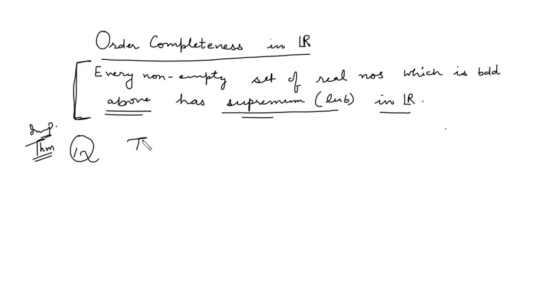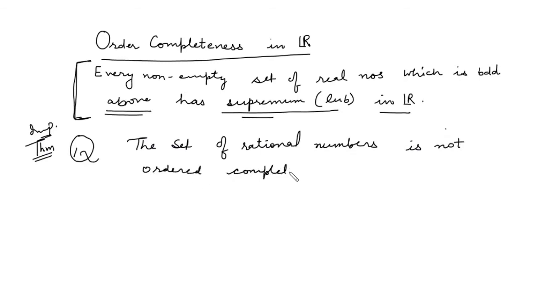The set of rational numbers is not order complete. Means there exists a non-empty set of rational numbers which is bounded from above but does not have a supremum in the rationals, right? So what do we want to show?